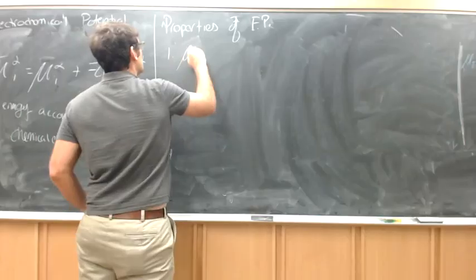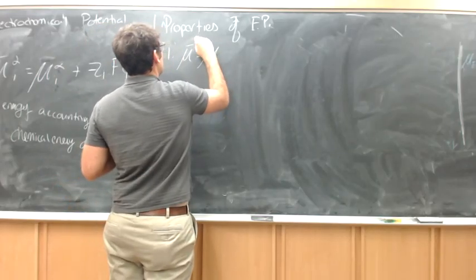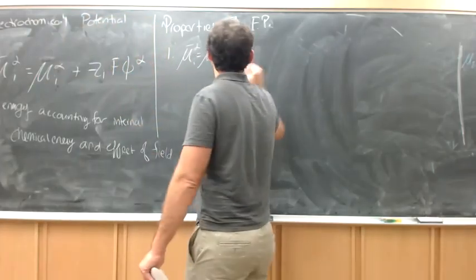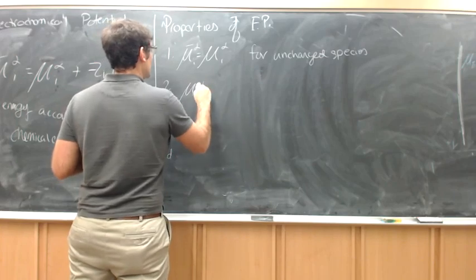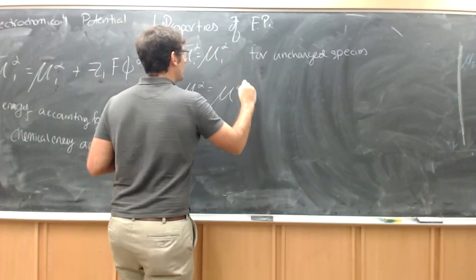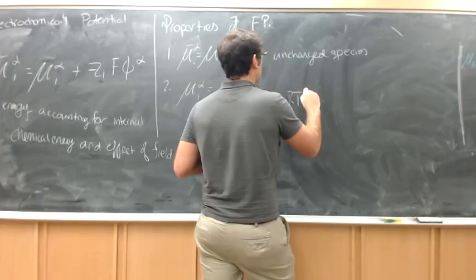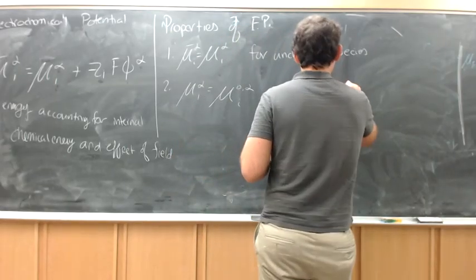Number 1: mu bar equals mu in phase alpha for species i. When is this going to be true? This is for uncharged species. More generally, we can write mu alpha i equals mu naught alpha i plus RT ln of the activity of species i in phase alpha.